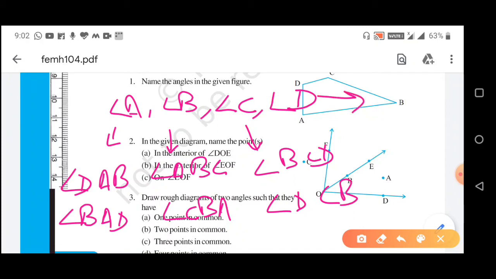Angle D can be written as angle ADC, or angle CDA. Each angle can be written in these ways. So it's your choice how we will write the angles.